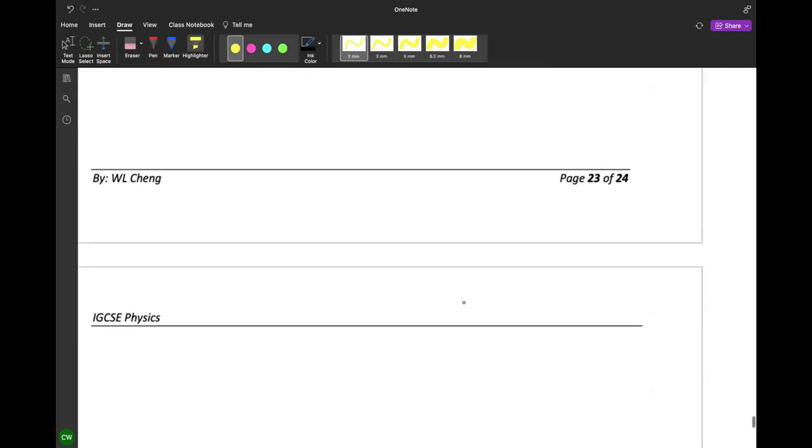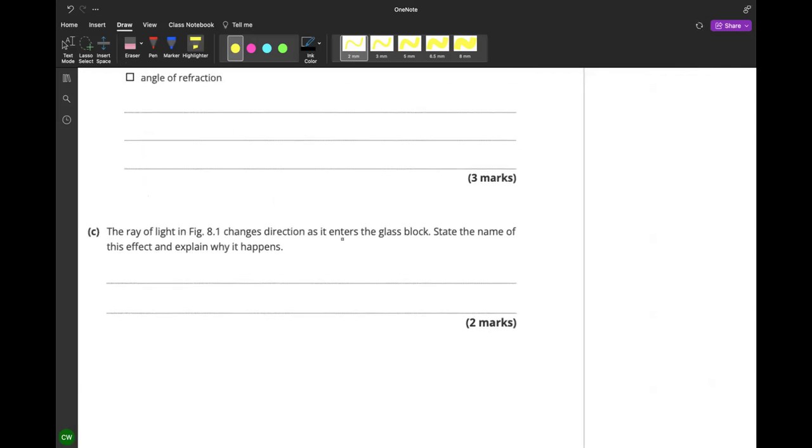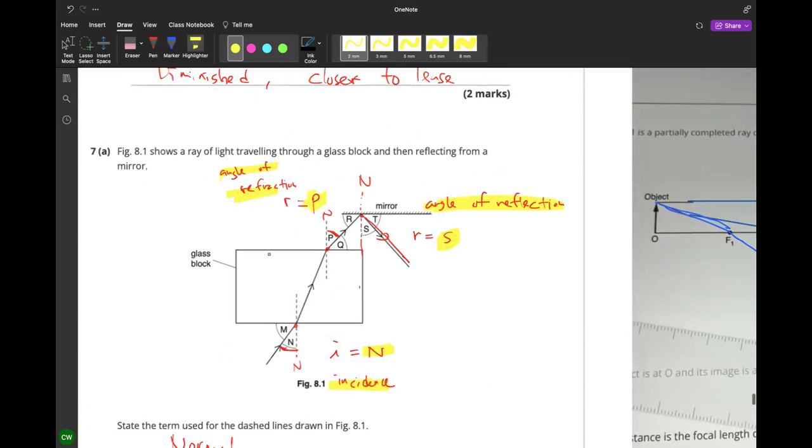Okay, last part. The ray enters the glass block: the effect, and why does it happen? So this is the ray going into the glass block. What is this phenomenon? Refraction.